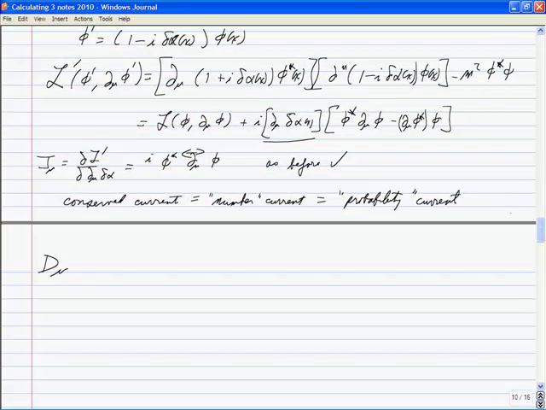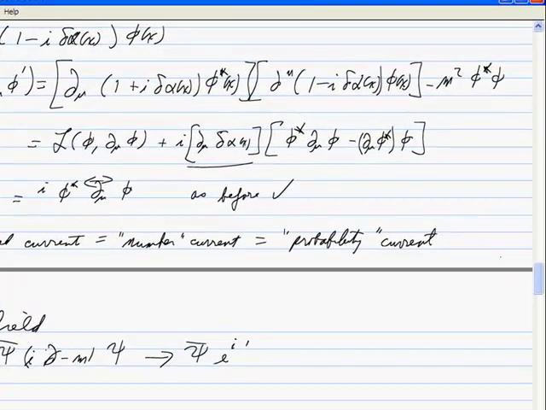Let's do the same thing for the Dirac field. You can sort of see it easily now. We take the Lagrangian, psi bar (i ∂-slash minus m) psi. That transforms into psi bar e^(iα) (i ∂-slash minus m) e^(−iα) psi. And at this stage you can sort of do it in your head.